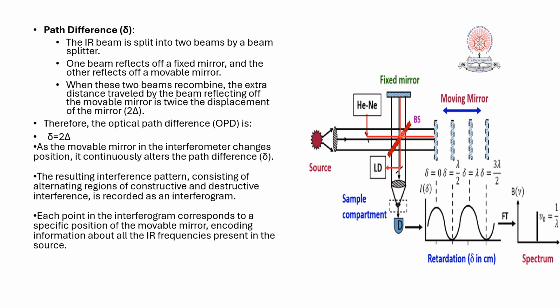One is reflected to the fixed mirror, the second is transmitted to the moving mirror. After that, light from the fixed mirror reflects back to the beam splitter. The light from the moving mirror also reflects back to the beam splitter. Both these lights recombine. Depending upon the position of the moving mirror, an interference is created. It may be constructive or destructive.